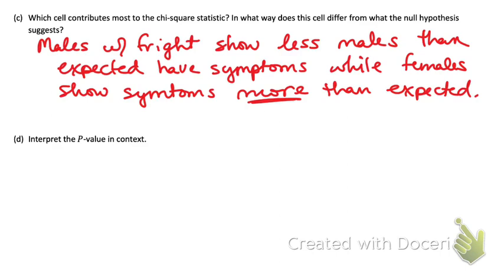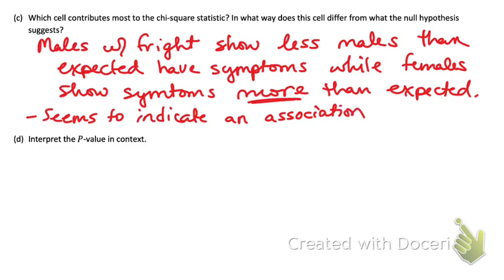So how does that differ from our null hypothesis? The null hypothesis is that there is no association. But what does this kind of make us think? That depending on your gender will depend on if you have fright symptoms or not. So obviously this seems to indicate an association.